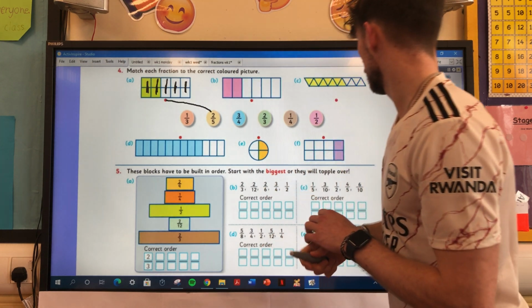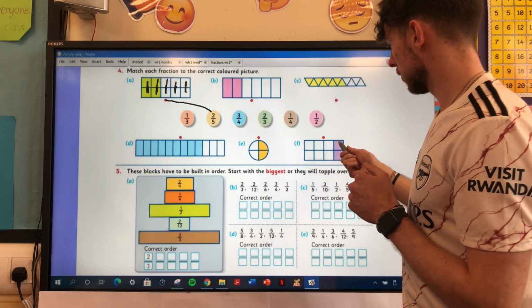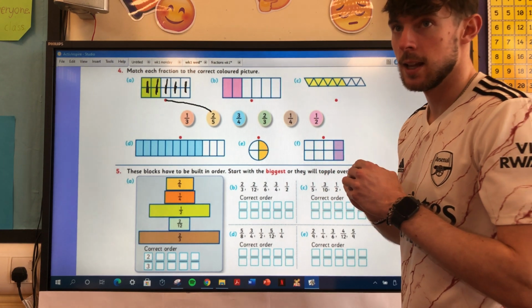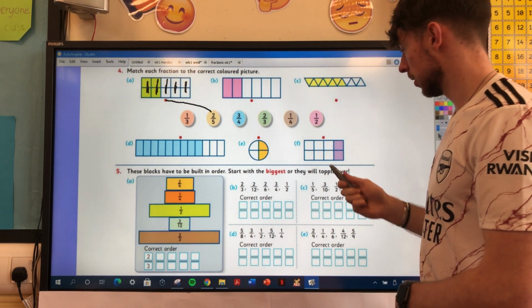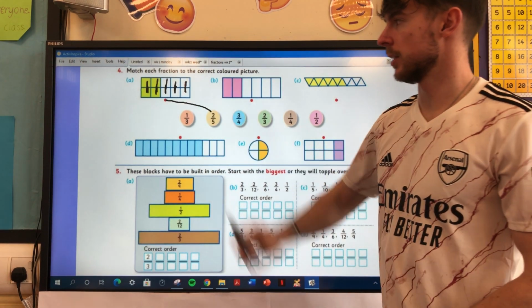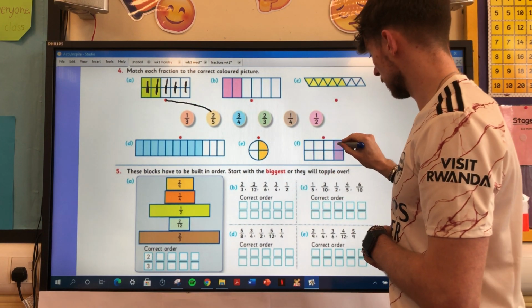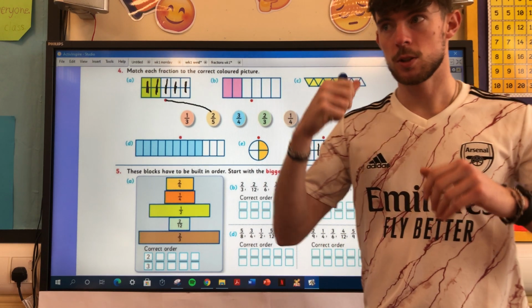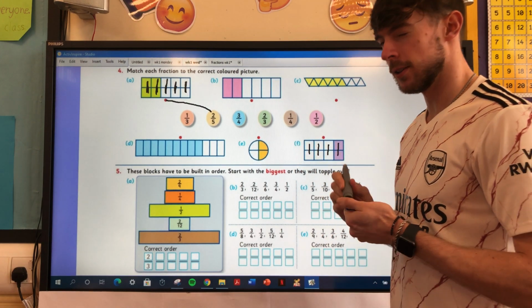Okay, what about this one down here then? We'll just do the F as well because that one's tough as well. So there's 1, 2, 3, 4, 5, 6, 7, 8. There's 8 altogether. And how many are coloured? 2. So there's 2 coloured. Now if we apply the same logic to over here and just pick the vertical stripes: 1, 2, 3, 4. So we have 4 vertical stripes altogether. How many are coloured?